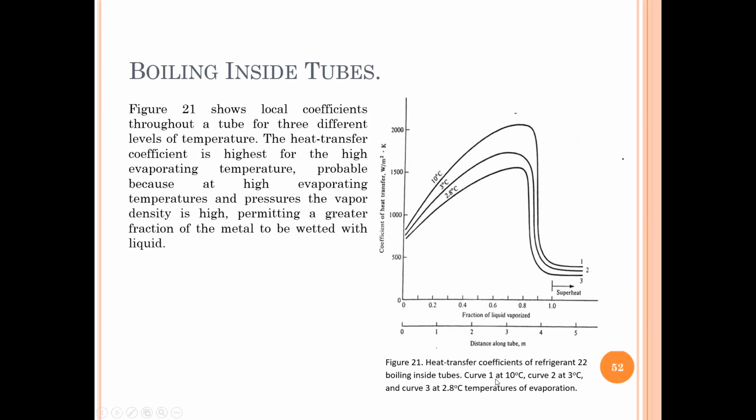Figure 21 shows the local coefficient throughout a tube for 3 different levels of temperature. The heat transfer coefficient is highest for the high evaporating temperature, probably because at high evaporating temperature and pressure, the vapor density is high, permitting a greater fraction of the metal to be wetted with liquid.